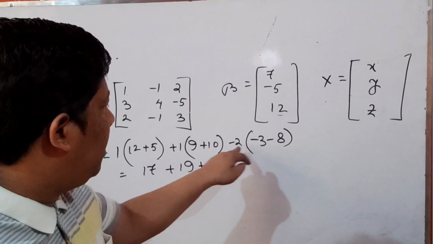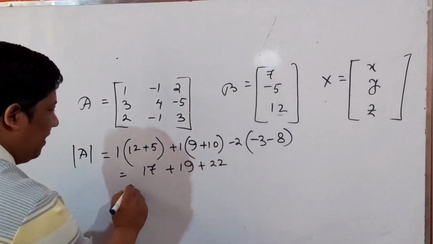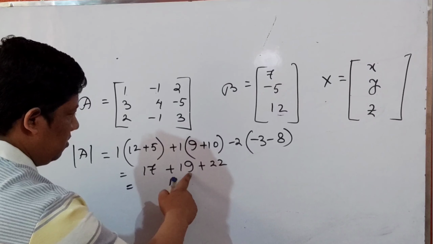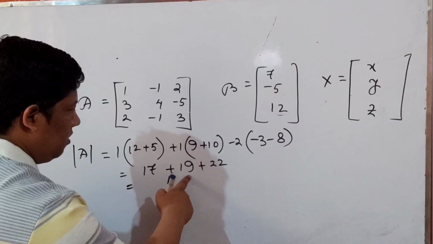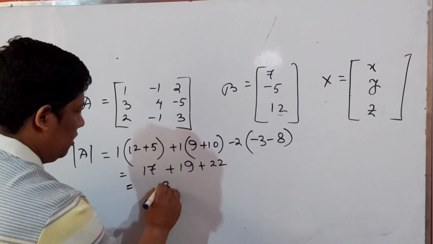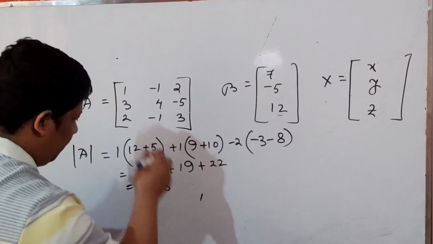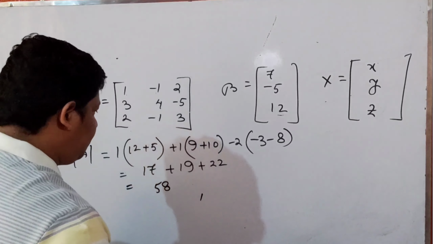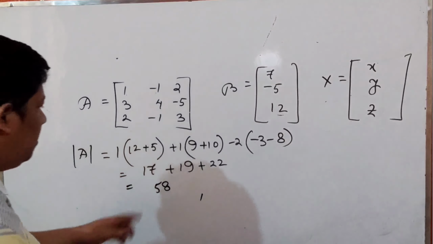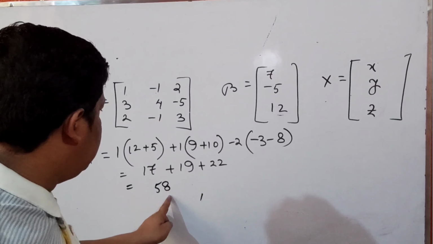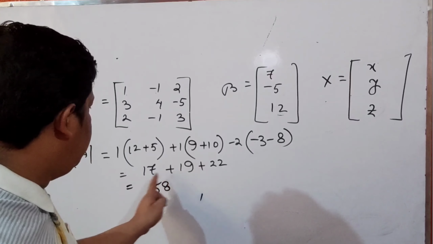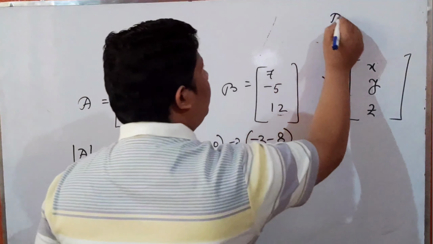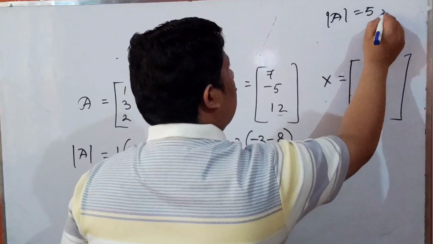These two, 11 into 2, 22. If I add all these numbers, you get how much? 58. I get the determinant of A equal to 58.